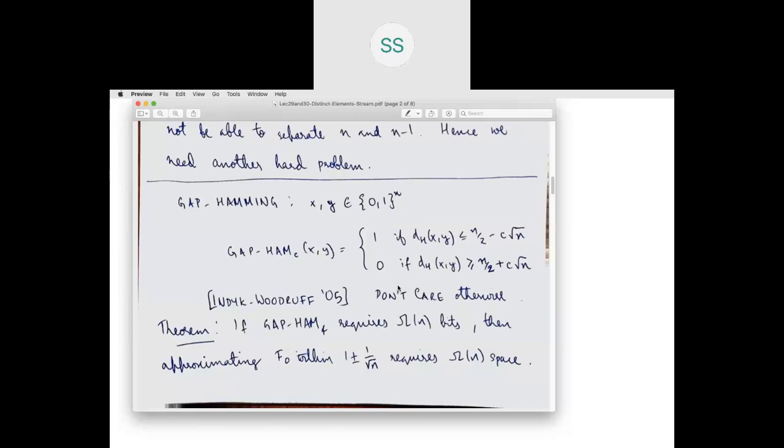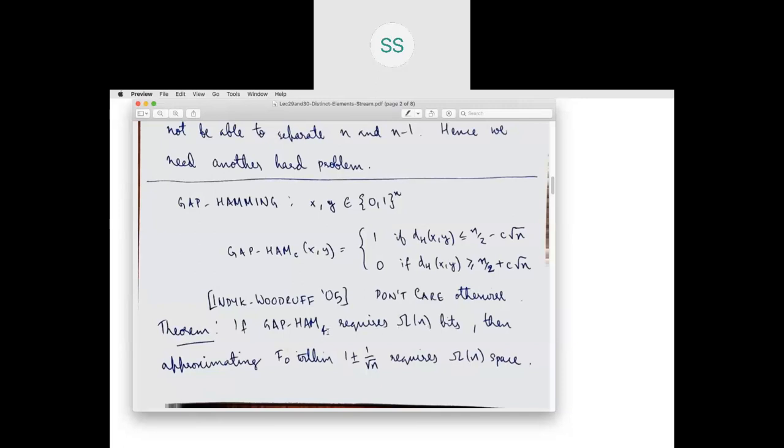So if this requires omega n bits, then approximating f0 also requires omega n space. And to complete the proof of the fact that approximating f0 requires linear space, we also need to show that gap Hamming requires linear bits, but that we will see in the next lecture.